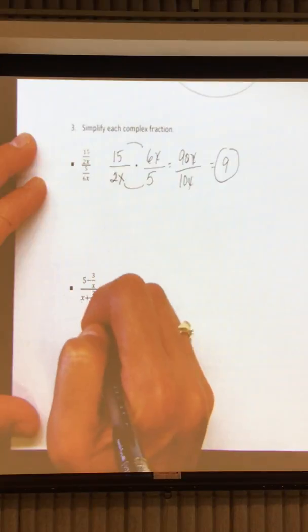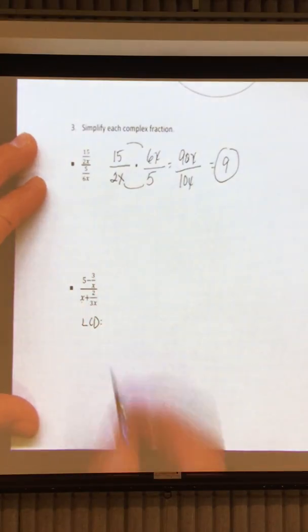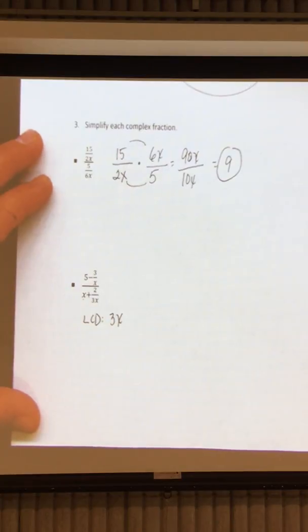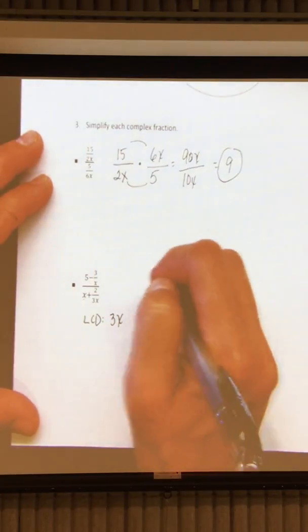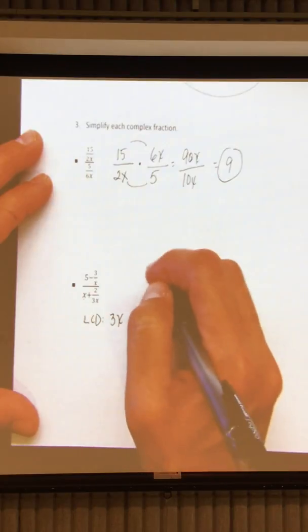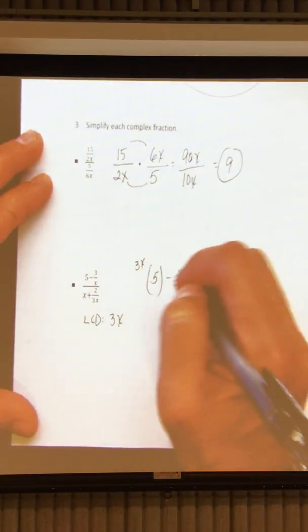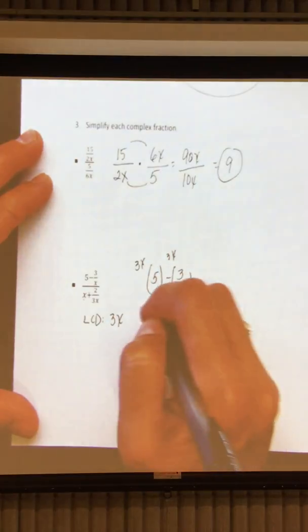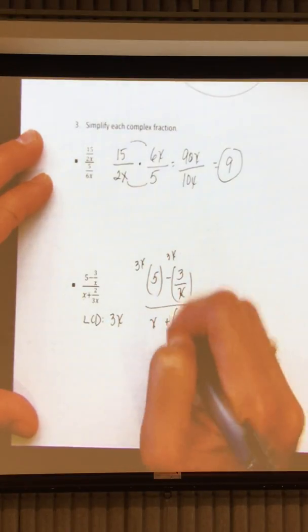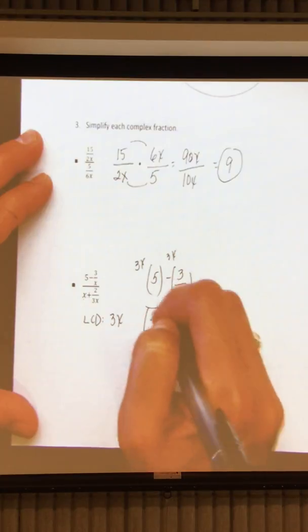But we can multiply all terms by our least common denominator. And our least common denominator is 3x. So let's multiply all terms by 3x in our numerator, and all terms by 3x in our denominator.